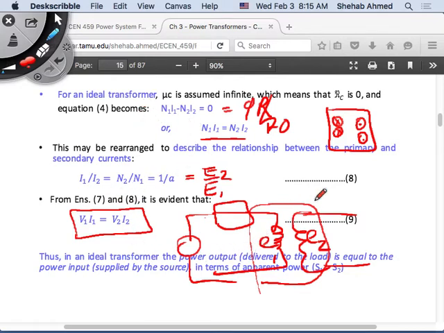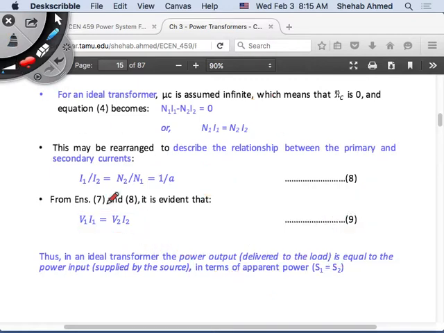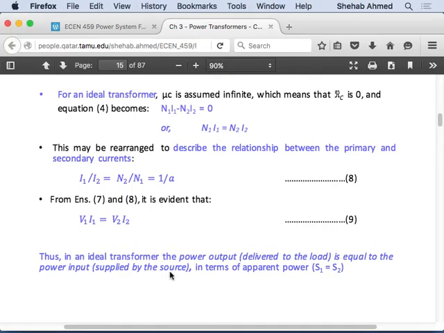So we will have E1 over E2 is equal to N1 over N2, but that will not equal V1 over V2. That's what we will add next. Right now for the ideal transformer they're equal, but what we will add next is we will remove that equality in the non-ideal transformer case. Everyone's fine with this?